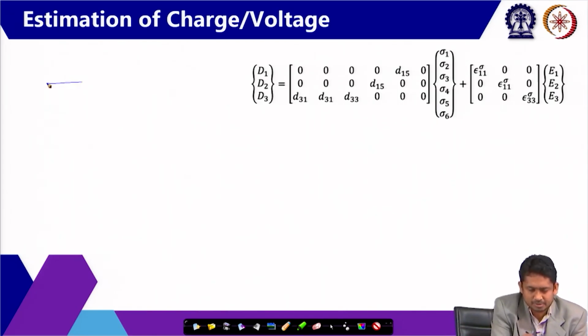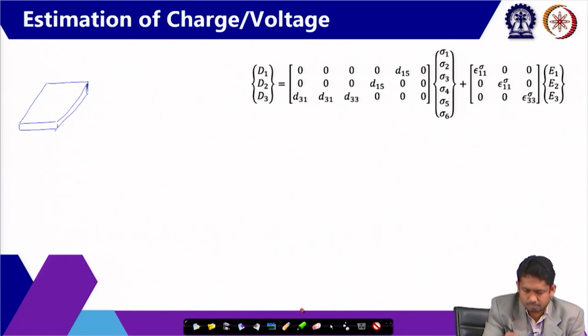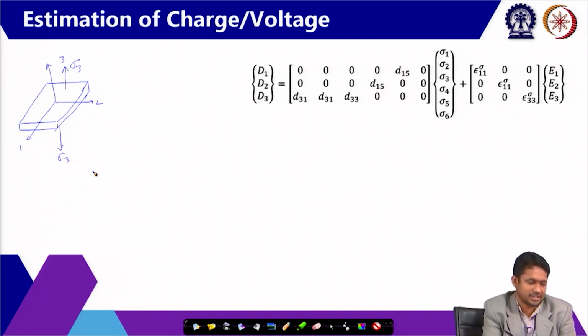Suppose we have again the same piezoelectric patch, so this is direction 1, 2, 3, and it is under a stress sigma 3, that means normal stress along direction 3.